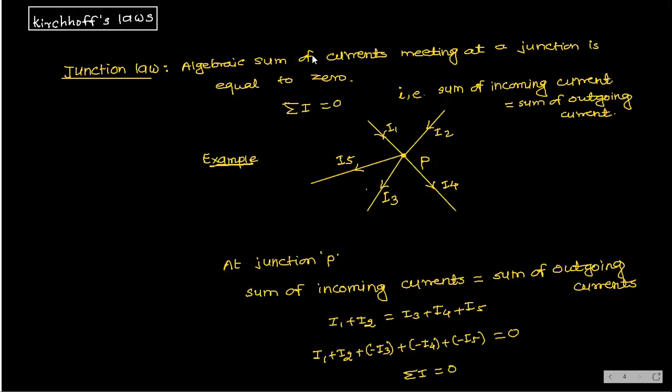And below, one example also we have seen: at junction P, sum of incoming current is I1 plus I2, and sum of outgoing current is I3 plus I4 plus I5. Just equate these two, you will get it.